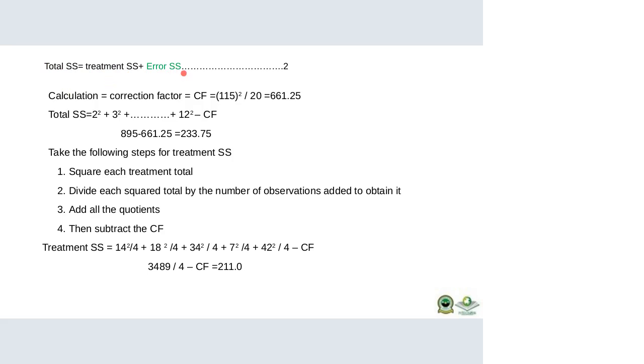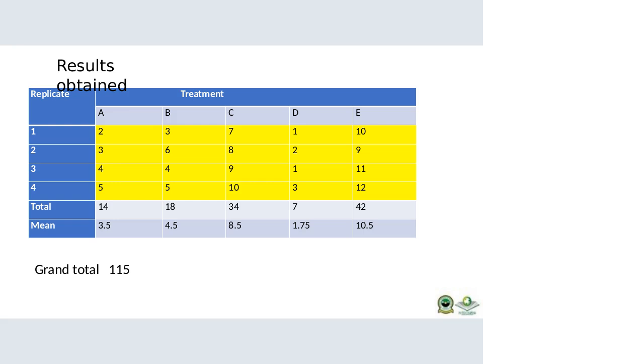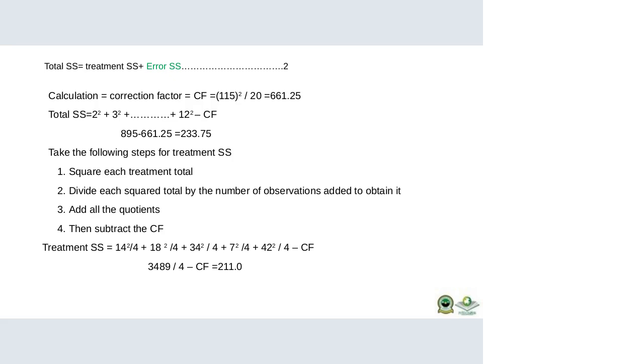Before we do that, we also have to calculate the correction factor. The correction factor is the grand total of all these values. If we put all the totals here and calculate, it will give you 115.